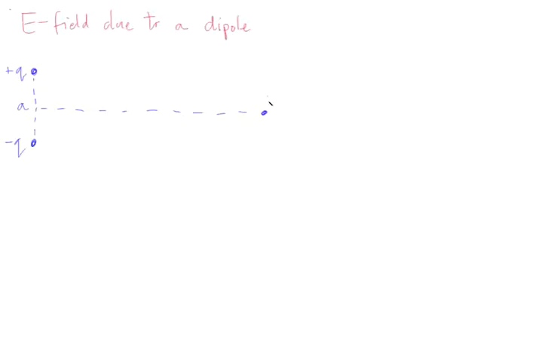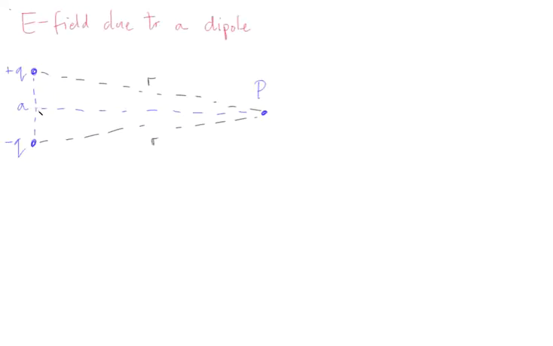Some distance away, there's a point here, P, and it just so happens that P is equidistant from negative Q and Q. We can define this distance here as r, and this distance here as also r.